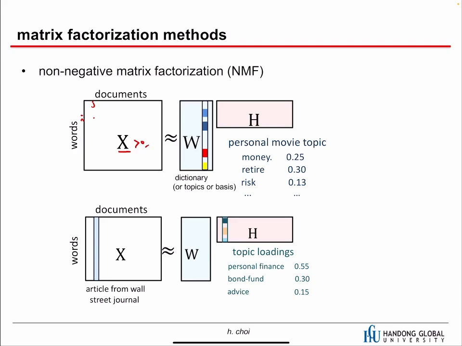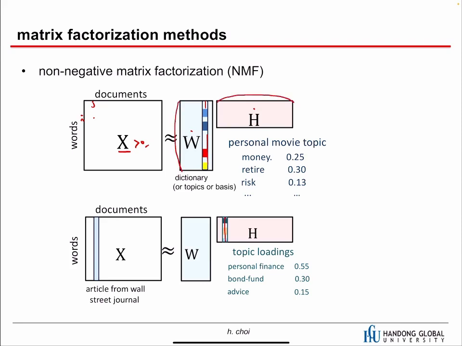And when we apply NMF, we can get W and H. The W has topics. This one is one topic, and we have lots of topics here, or bases. And the H has topic loadings. This one is words, and this one is documents.